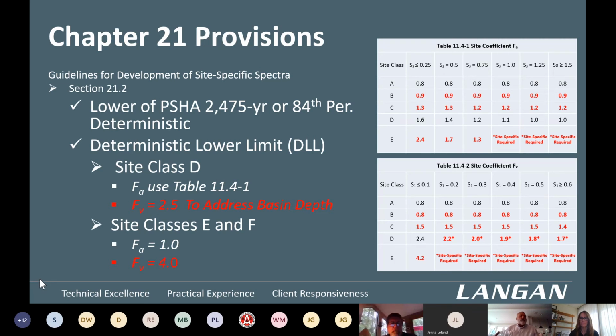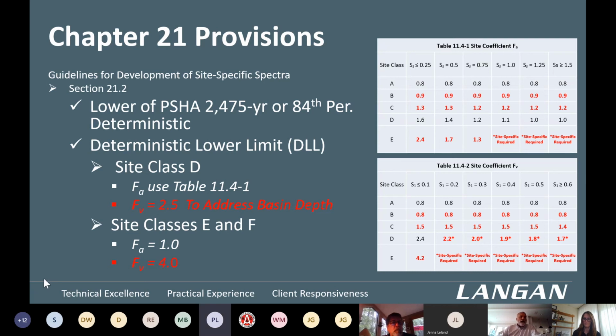So you do a very simplistic way of looking at it in a deterministic way, and the lower of the two you will take to develop this maximum considered spectral level. There are some other checks that you have to do. The deterministic cannot be smaller than a limit that the code provides.